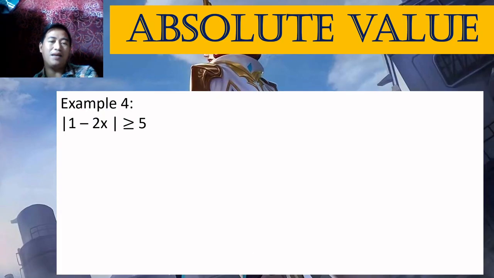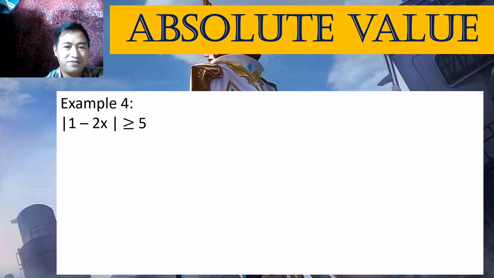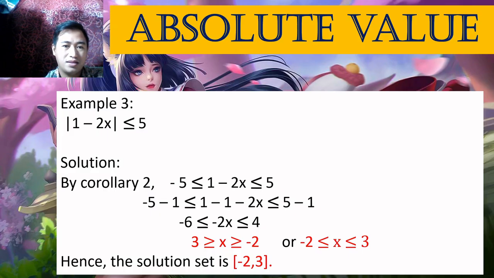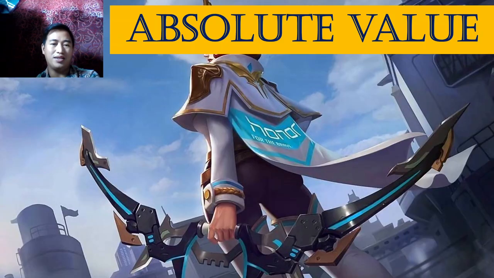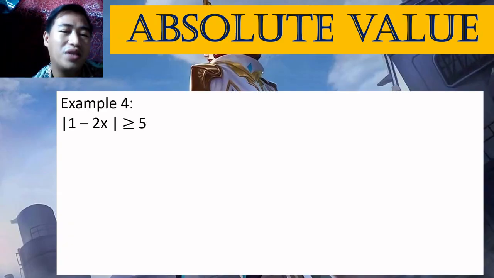Next, example number 4: 1 minus 2x greater than or equal to 5. Example number 3 was less than or equal. In example number 4, what if it is greater than or equal?